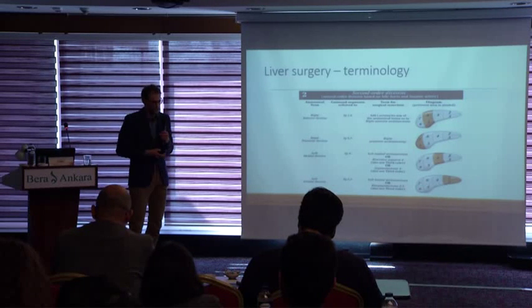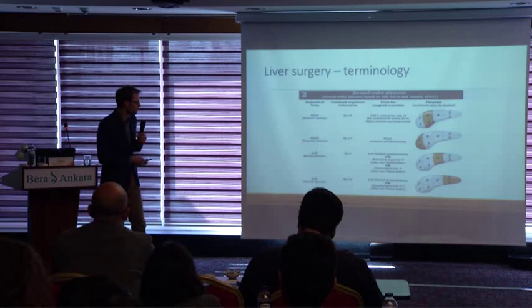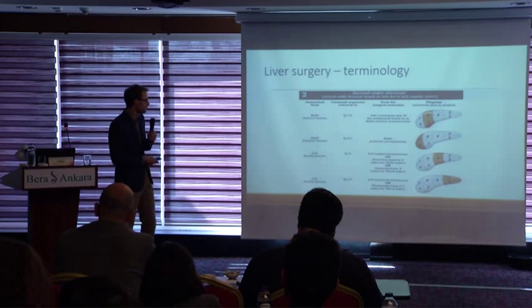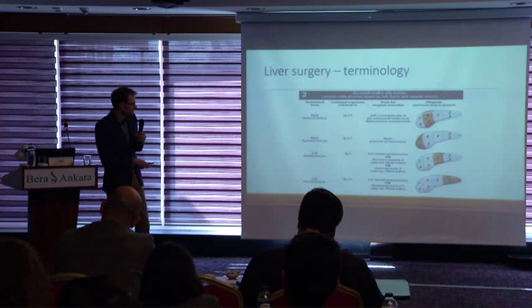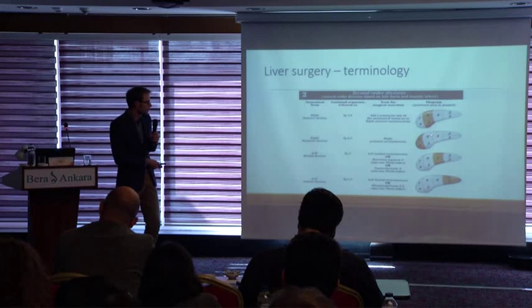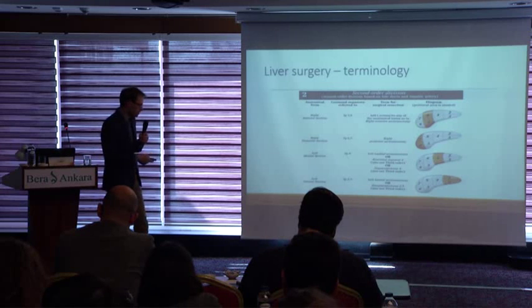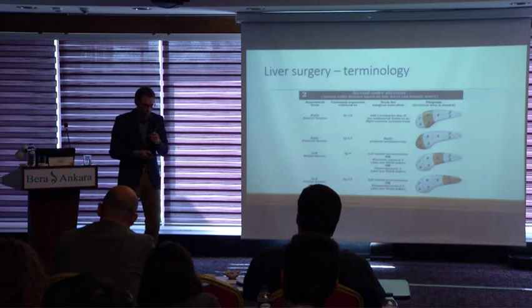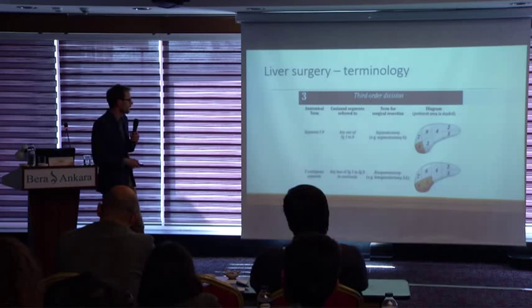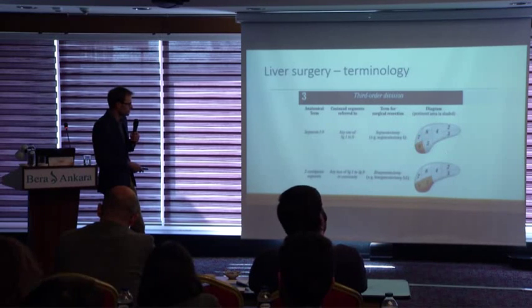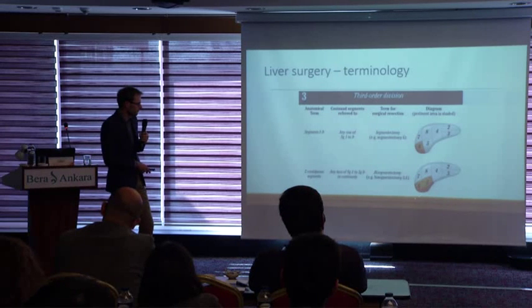In our country, we prefer to name it depending on the segments that we resected. So we say, for example, that we performed the resection of segments 5 and 8, but as I said, it depends on the workplace. And here is a segmentectomy, for example of segment 6, and a bisegmentectomy of segments 5 and 6.